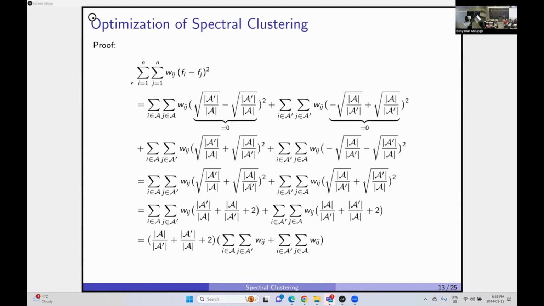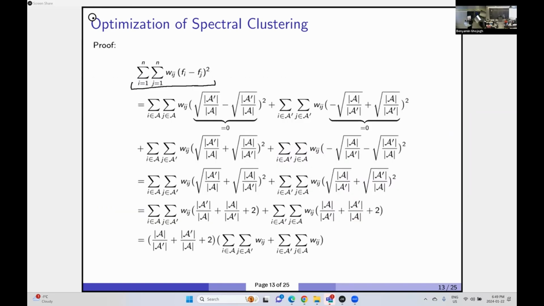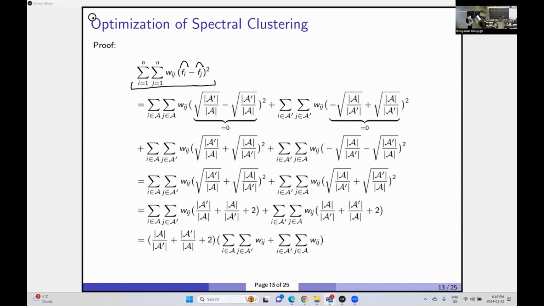So let's see the proof. Here is the cost: summation of wij (fi minus fj) squared. I replace fi and fj with their definitions that we had here. Then what happens? You tell me. Now I separate this summation into four parts.